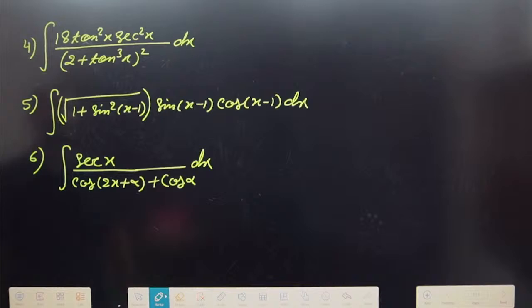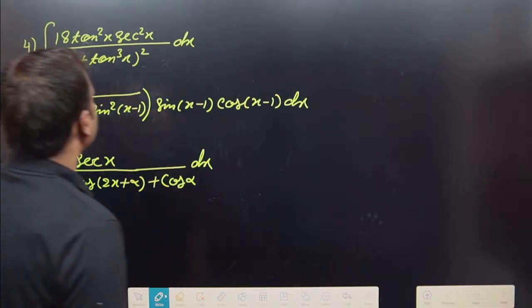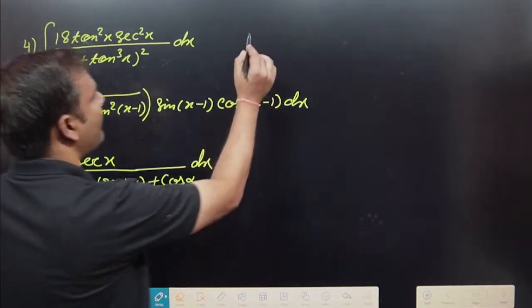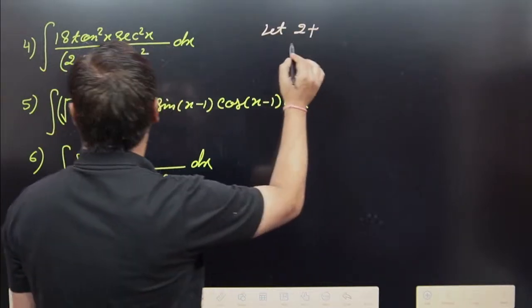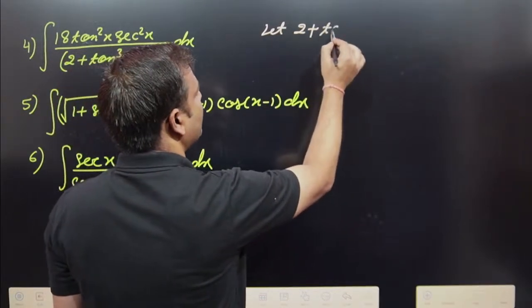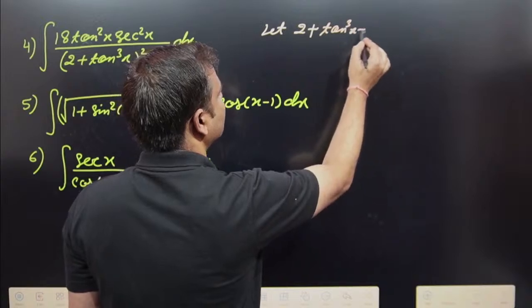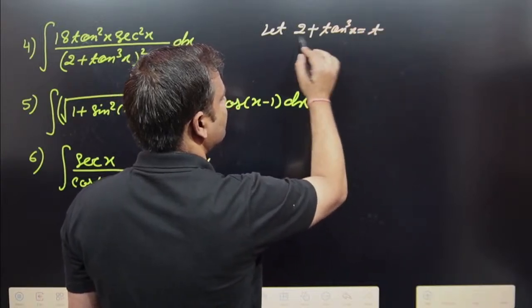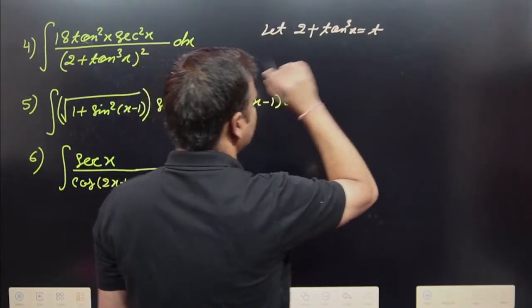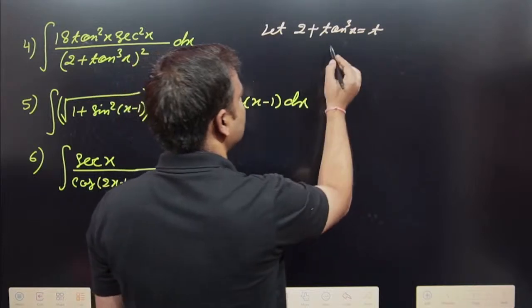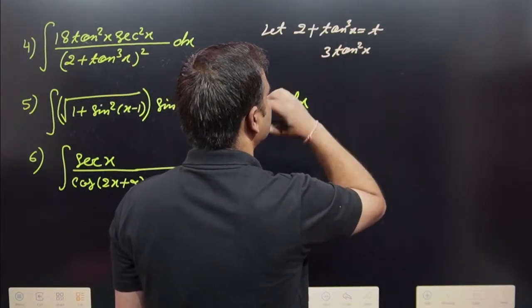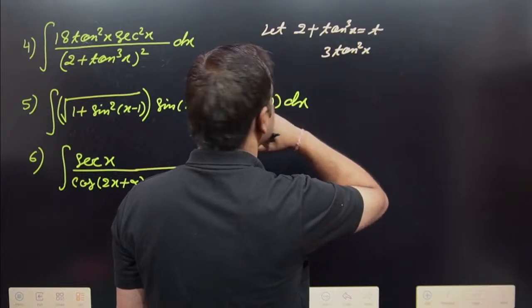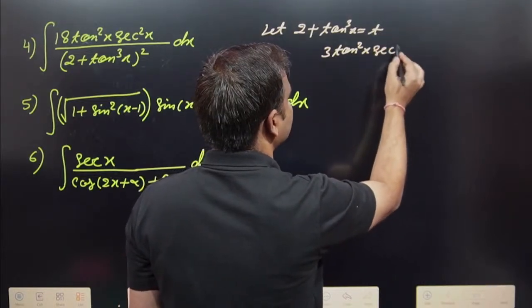So let 2 plus tan cube x be equal to t. If we differentiate this with respect to x, then we get 3 tan square x into the differentiation of tan x, which is sec square x.